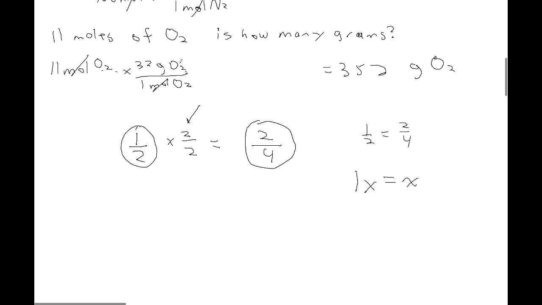Because remember that this conversion ratio comes from an equivalency. You know from the periodic table that 32 grams of oxygen is equal or equivalent to 1 mole of oxygen. But if those both represent the same thing, then 32 grams over 1 mole is really the same thing as the number 1. 32 grams of O2 over 1 mole of O2 could be considered just like the number 1.